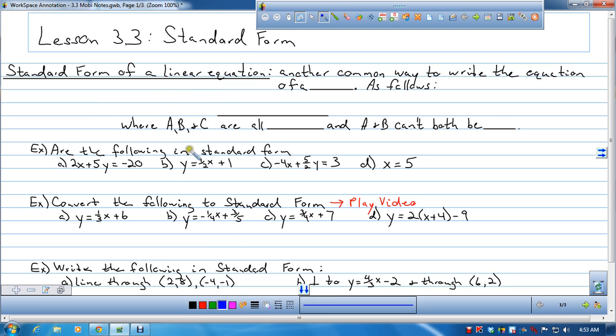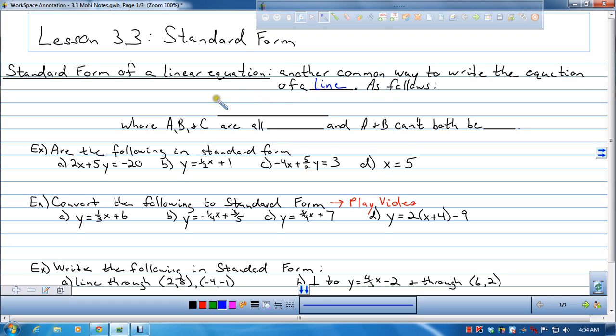So standard form of a linear equation is simply another common way to write the equation of a line, right? Just like last time, we have to ensure that our data have a constant rate of change, because it has to be a line before we can write the standard form or slope-intercept form for that matter.